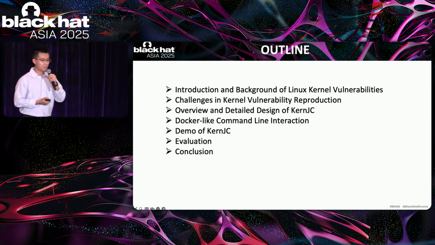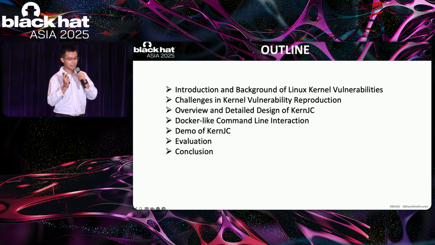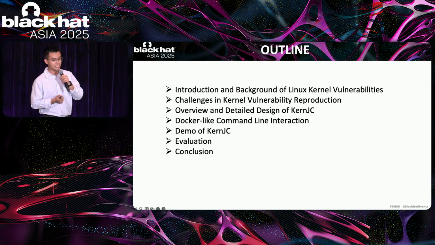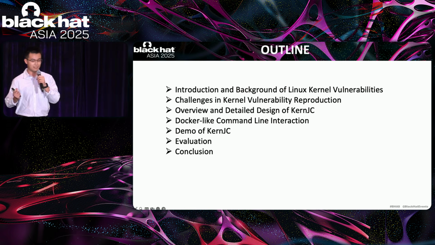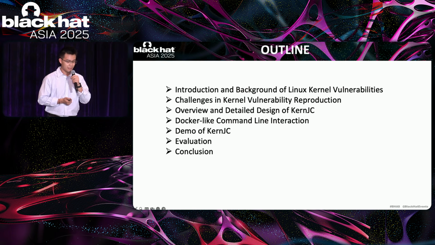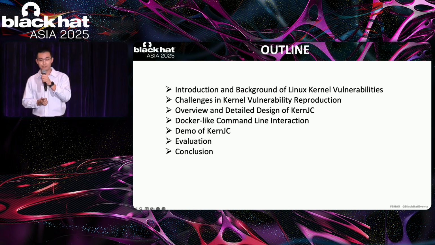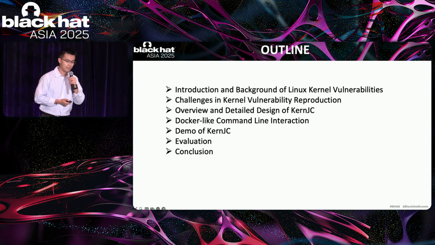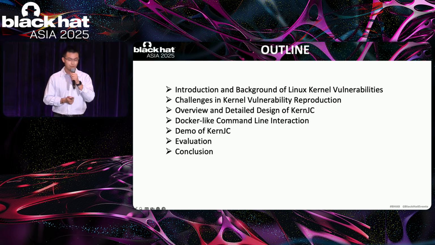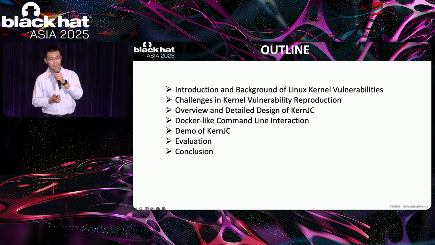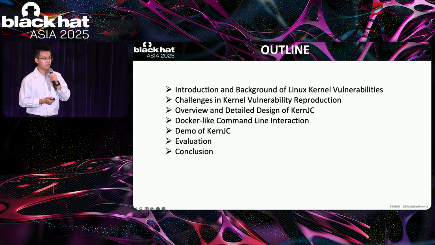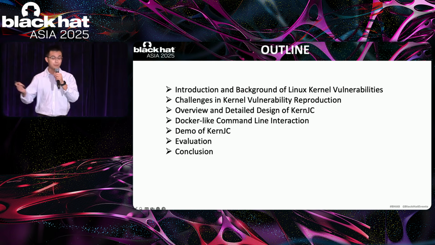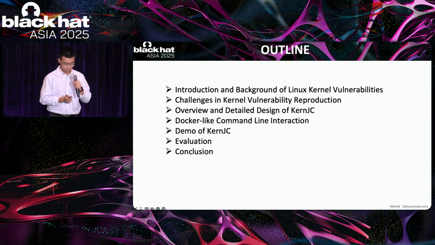After that, I will show how we can leverage a command line interaction like Docker, so you can use it very easily. I will also show you a demo of KernJC. Finally, we will have an evaluation to prove it can be effective for many kernel vulnerabilities, and then we will give you a conclusion.